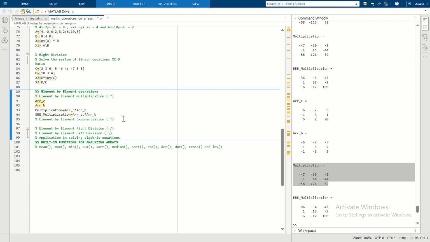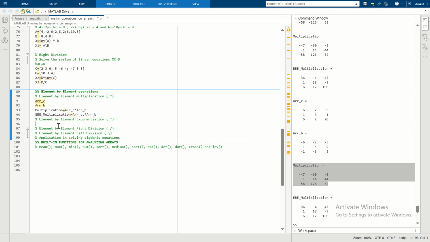Then we can perform element by element exponentiation also. So we'll do it with array C. First of all, we'll do a square of array C, normal exponentiation.